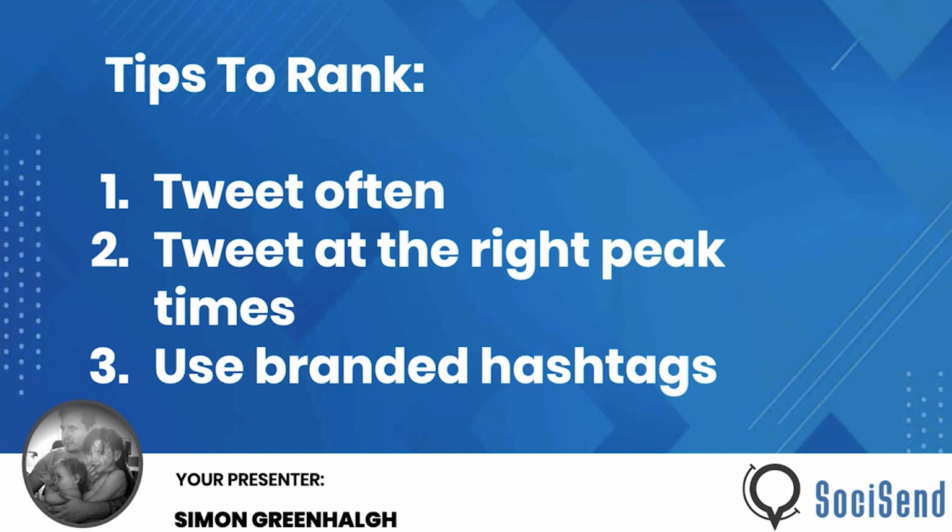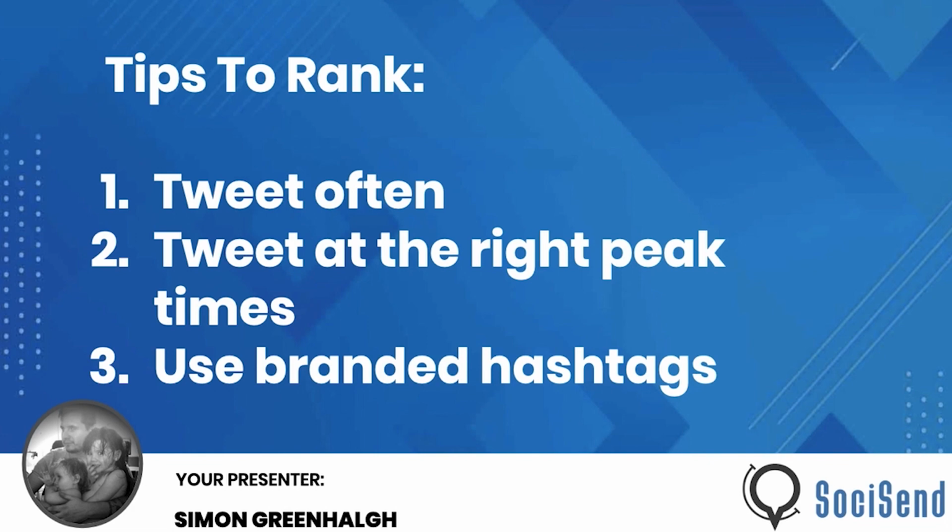Using branded hashtags, very much like Google tended to take away keyword match domains a while back, and they were more focused on a branded user customer experience. Twitter have also gone a similar way with hashtags. Just using hashtag Justin Bieber on a post that's to do with dog grooming is going to have very little effect at all on the algorithm these days.